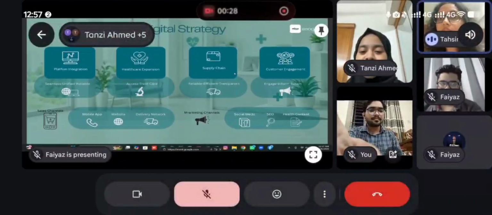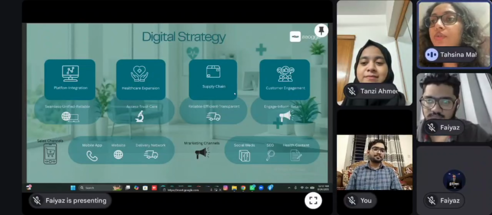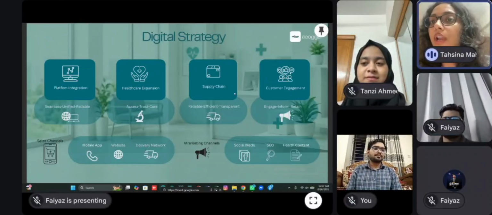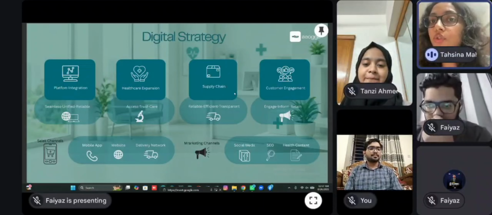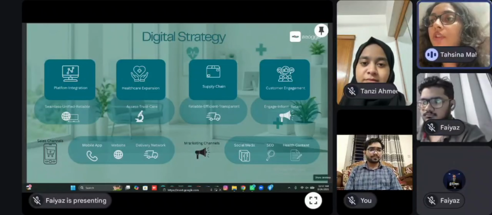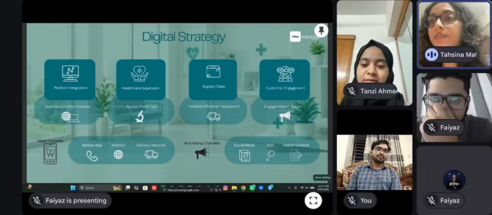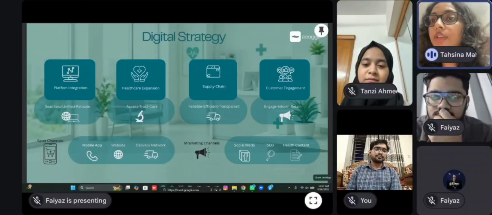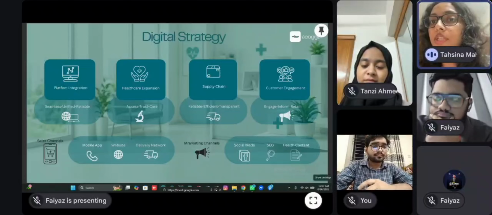Now I'll talk about the digital strategy. This slide explains Arogga's digital strategy through four main areas. First is platform integration, where Arogga aims to provide seamless and reliable access through its digital platform. Second is healthcare expansion, focusing on better access, trust, and care beyond just medicine purchases. Third is the supply chain, which needs to be reliable, efficient, and transparent to ensure product availability and proper delivery.